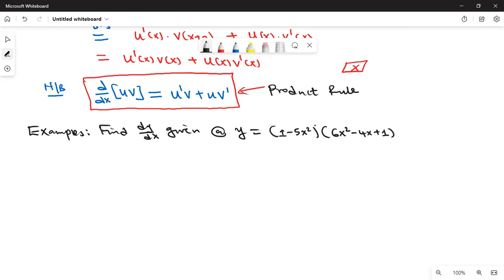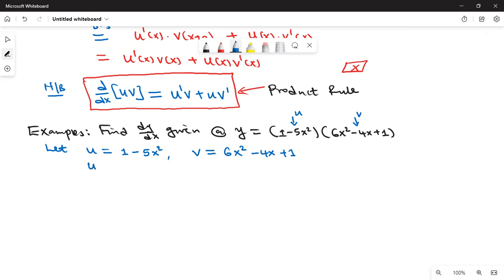So you see here, you have a product of two functions. One of them should be u and the other one is v. So let u be this and let the other function be v. So that is part A. Let u be equal to 1 minus 5x squared, and let v be equal to 6x squared minus 4x plus 1.